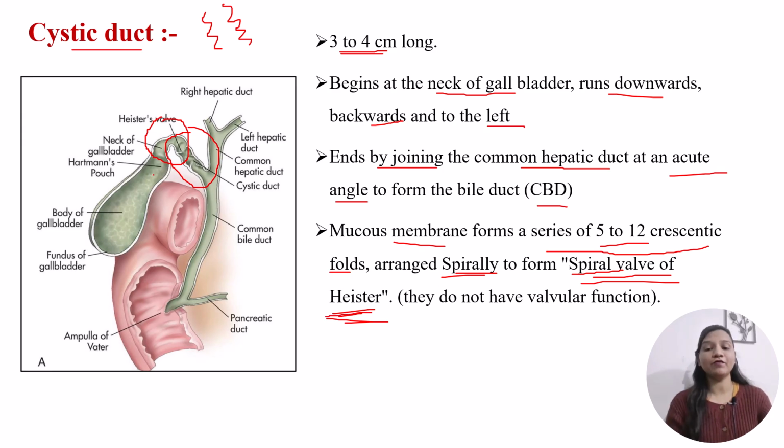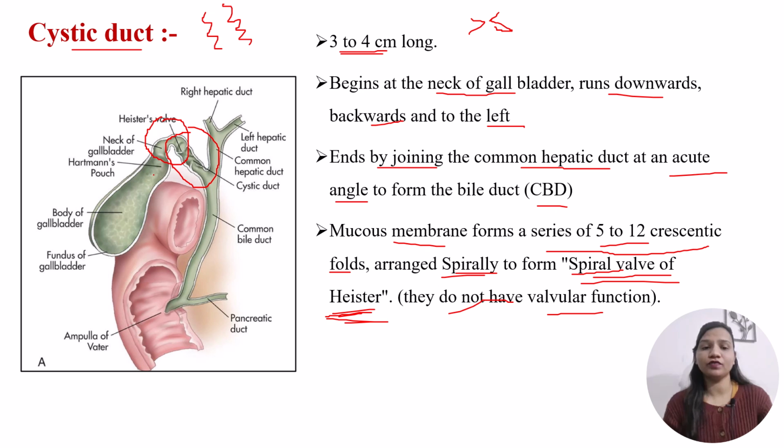Here, by valve it does not mean an actual valve, because they do not have the typical valvular functions. This valve does not contract or relax, as they are not flap-like structures. That's why they do not contract or relax like a normal valve.